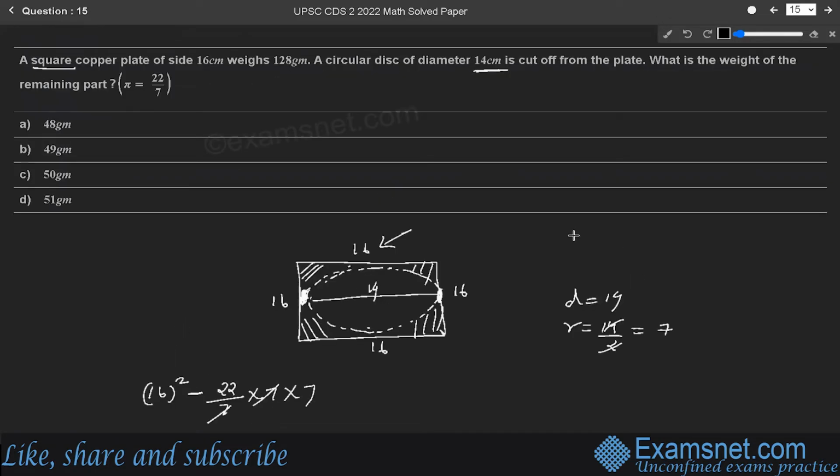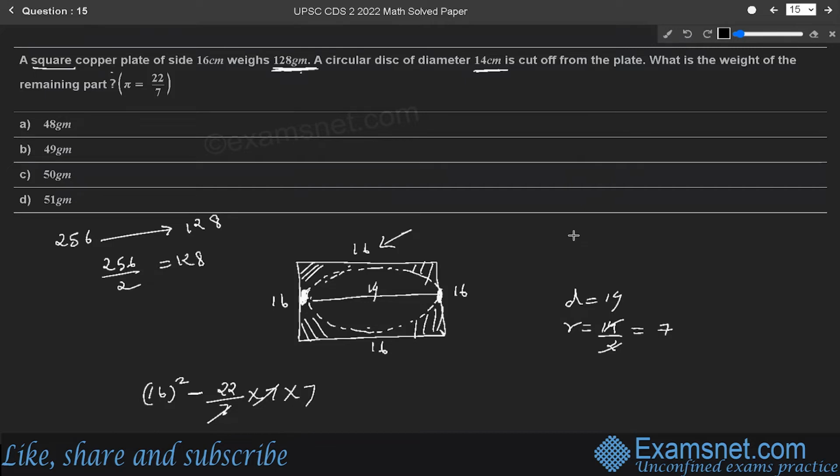Now you can see that in the question it is given that a square copper plate of side 16 centimeter weighs 128 gram. It weighs 128 gram, means the area of the square is 256 and the value for this is 128. So 256 upon 2 is 128.